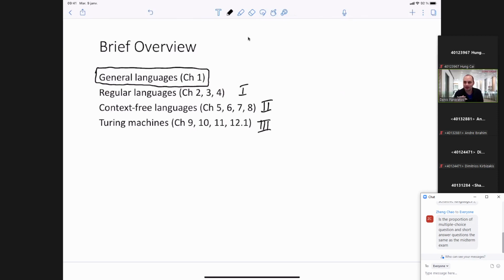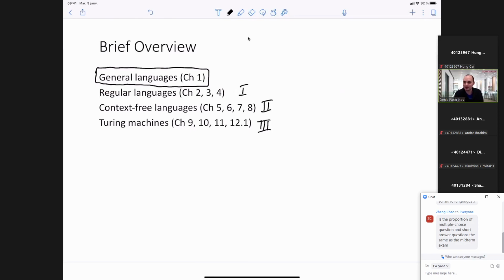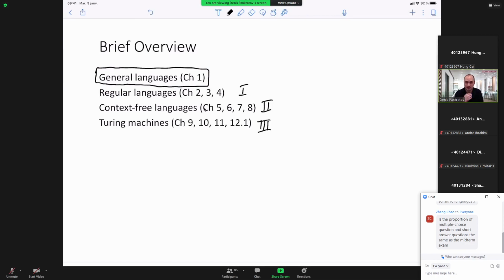And then we see alternative representations, like NFAs, regular expressions, and so on. We study closure properties, and we study techniques to prove that certain languages do not belong to that class, like the pumping lemma. The same idea is repeated for context-free languages. We give different ways of recognizing context-free languages and proving that a language is not context-free, and for Turing machines, we distinguish between recursively enumerable and recursive.